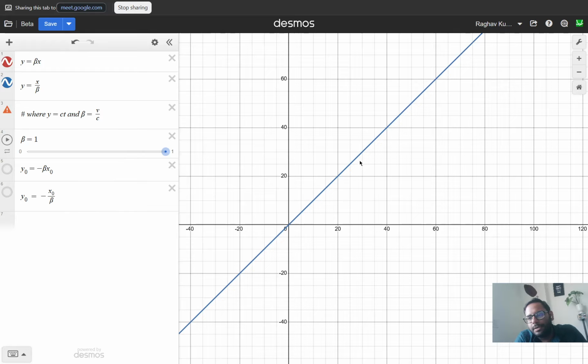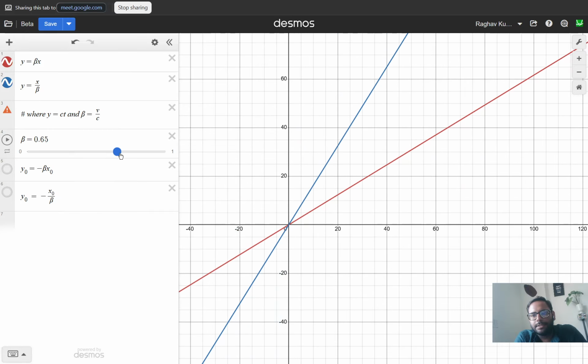So this is the world line of any object that is traveling with the speed of light. The x prime axis and t prime axis do coincide in the ctx graph of the S frame.